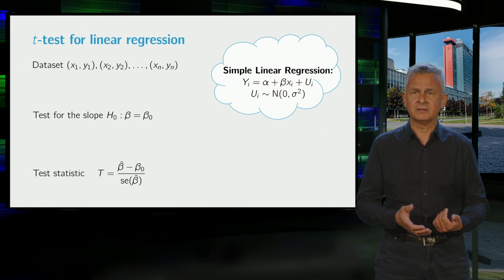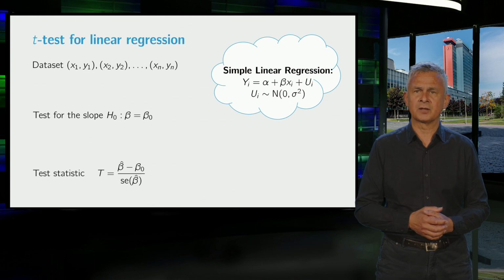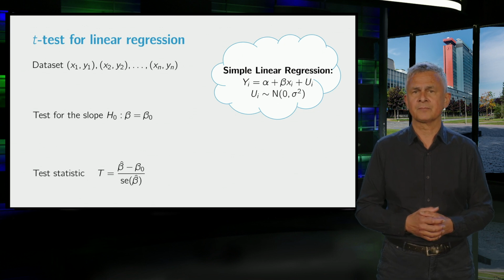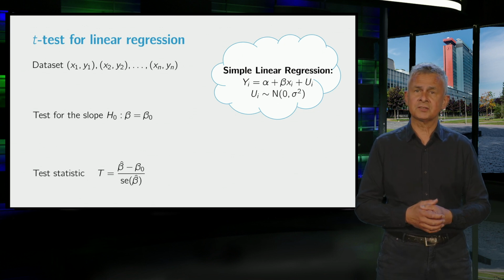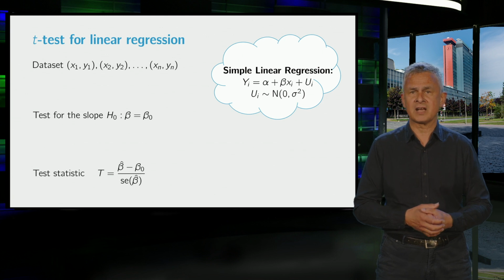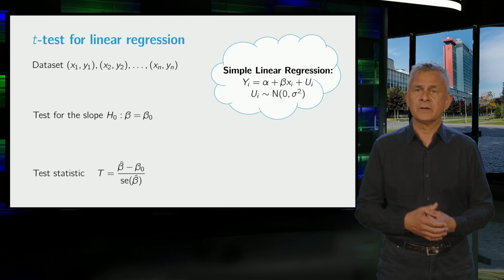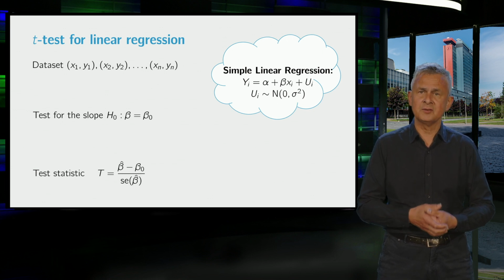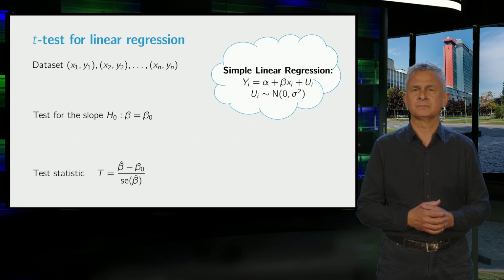And the way to build a test statistic for this null hypothesis is similar to the construction of the test statistic for the t-test in week 4. We use a similar standardization of the estimate beta hat. We consider the difference between beta hat and beta 0 and divide this by an estimate of the standard deviation of beta hat.